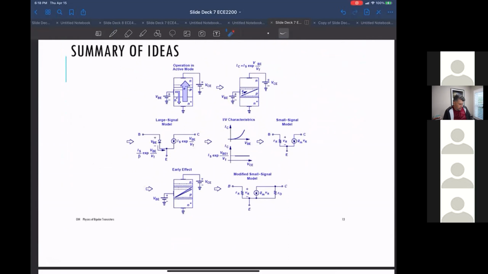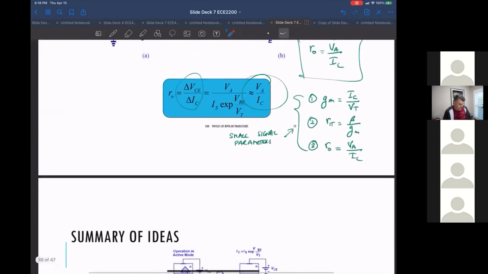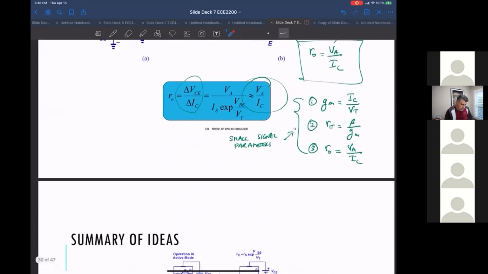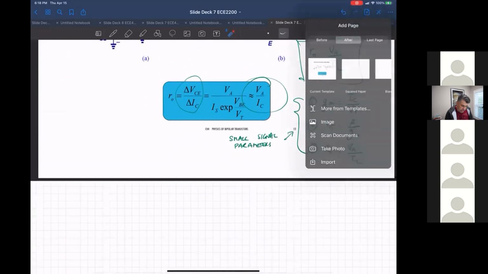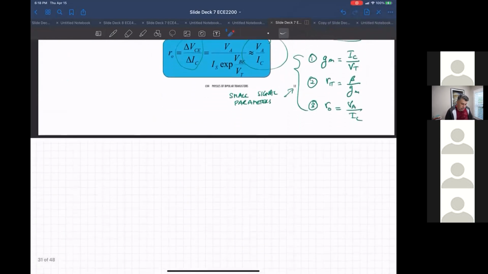Yeah, I think that's it on the early effect. Let me give you guys one example, a typical example to give you an idea about these numbers. I think we're a little bit more familiar with G sub M and R sub pi, but let's see what R sub 0 looks like.